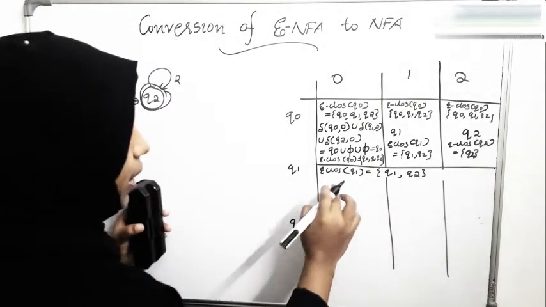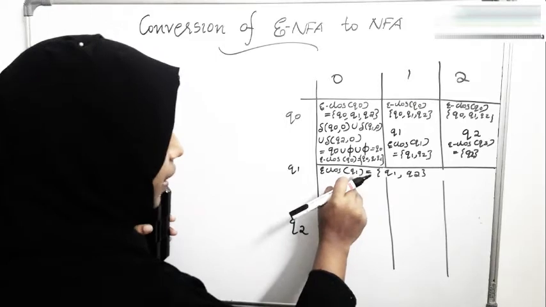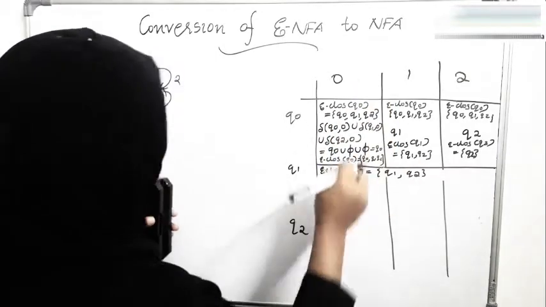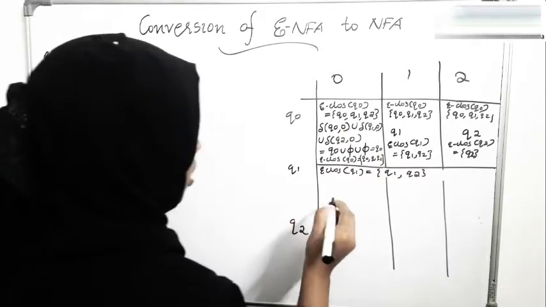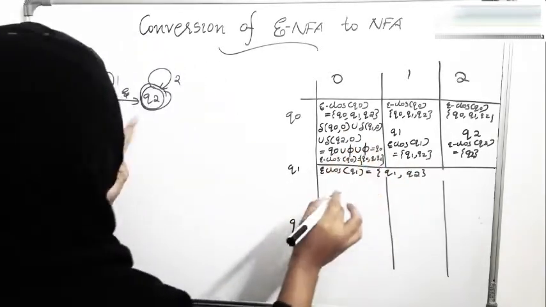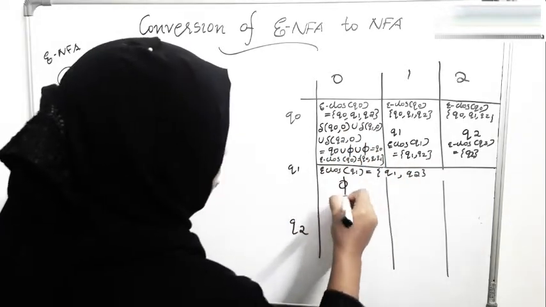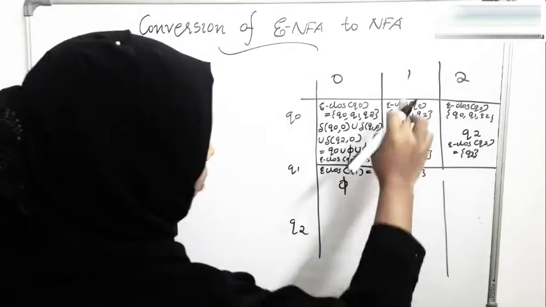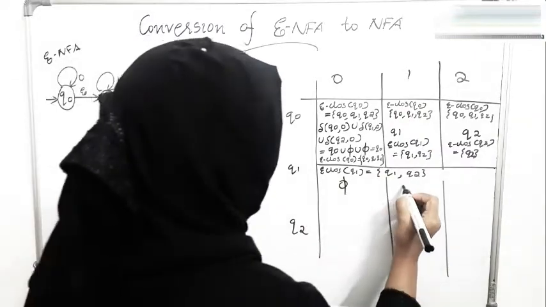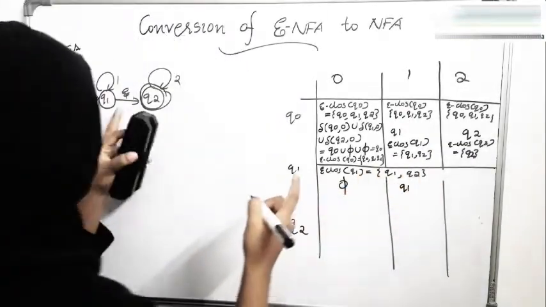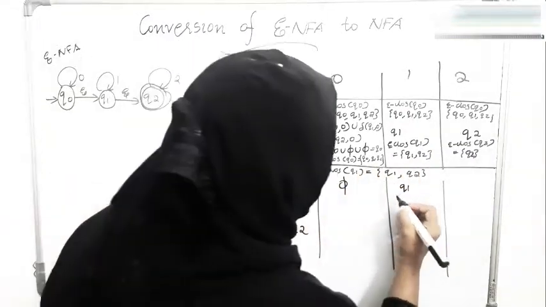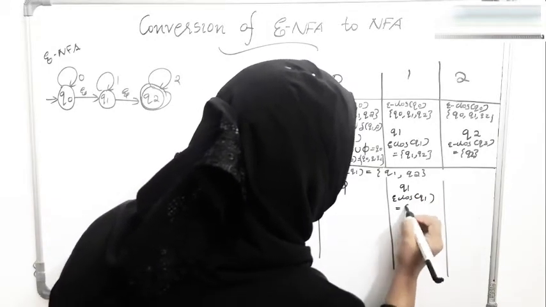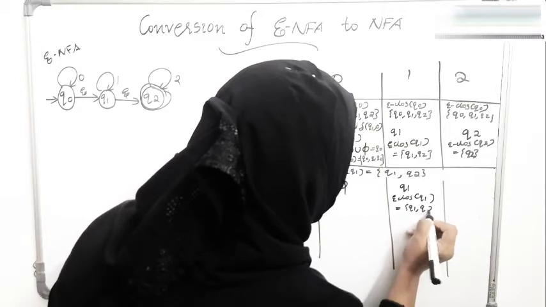Now you have to apply Q1, Q2 comma 0. Q1 comma 0 is not defined, Q2 comma 0 is not defined, so null set. Epsilon closure of null is null. Now Q1 comma 1 is Q1. Q2 comma 1 is not defined, so Q1. Now E close of Q1 is Q1, Q2, isn't it?